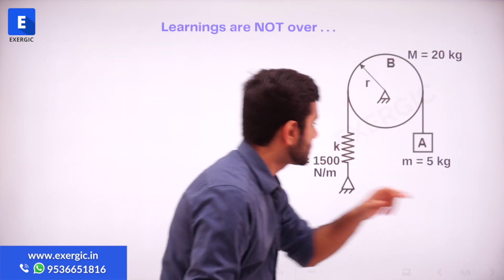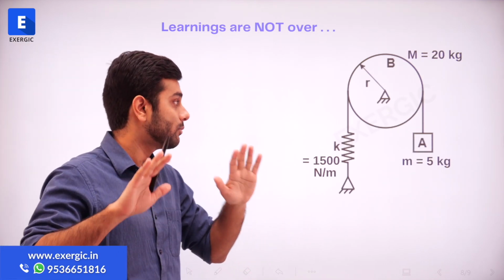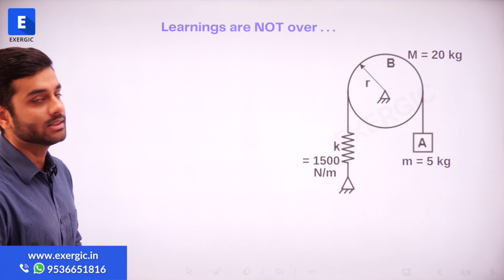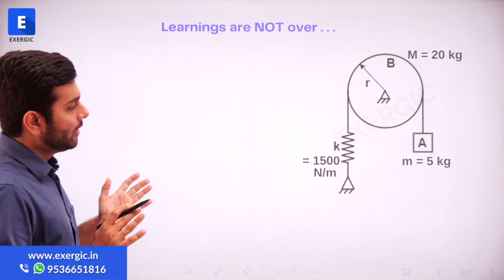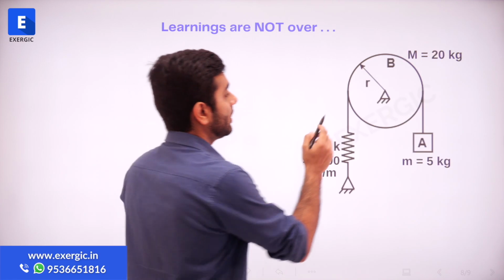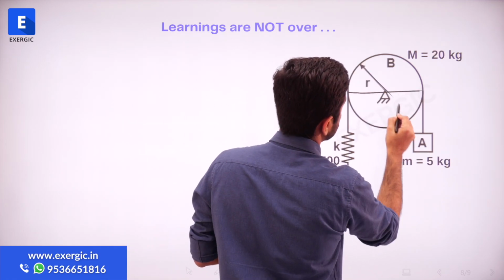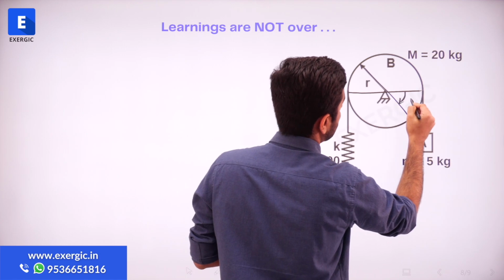Now, in this question, when we are trying to solve it, the learnings as I have written are not over yet. There are more things that I am about to discuss in the question. Now, if we start trying to solve this question, we are going to give a small, suppose clockwise theta rotation.